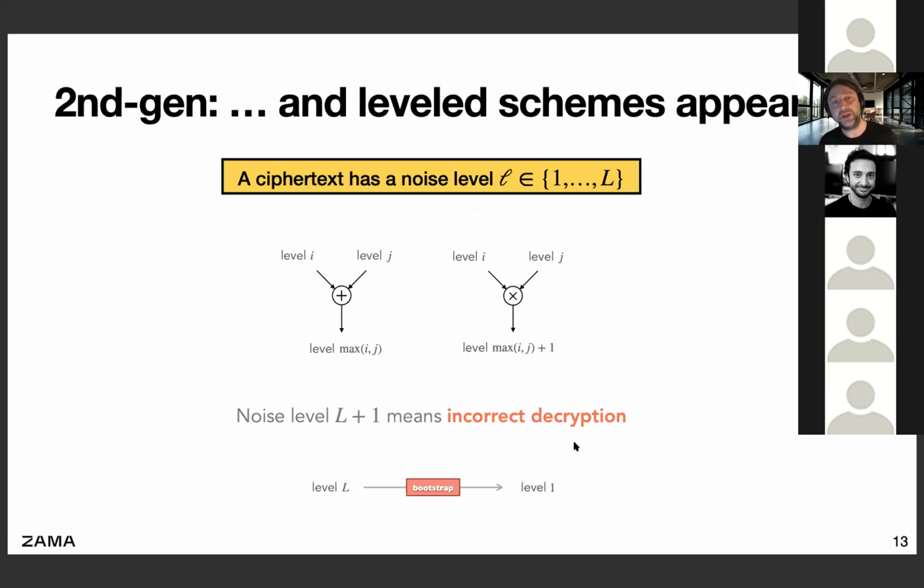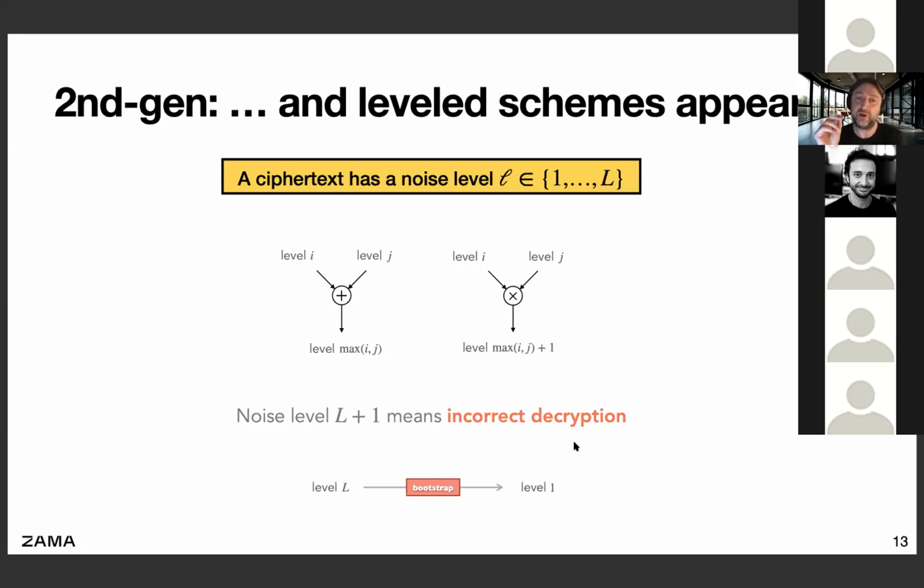After that appeared the second generation of schemes. It was a definite improvement over this exponentially growing noise. In level schemes, you can assign levels to the different noise sizes.